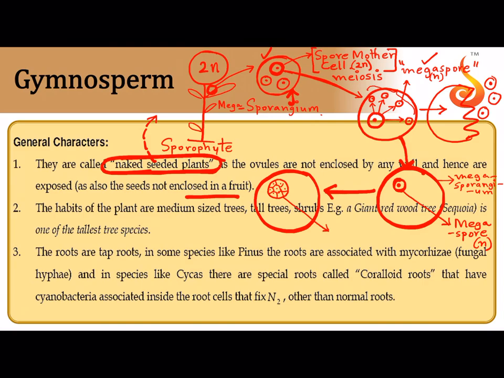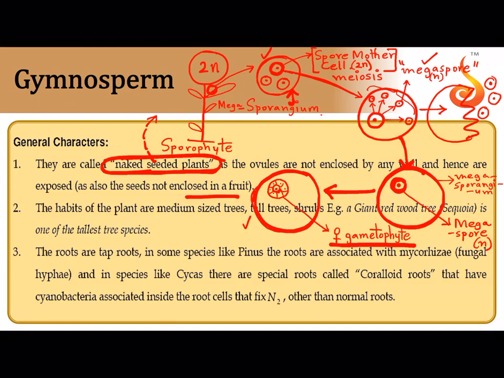It develops into a structure that is called a female gametophyte. See, it is still sitting safely inside. What is this? This is the megasporangium. It didn't come out. It said, I want to stay inside, and it develops into a female gametophyte. Why is this called a female gametophyte? Because it has a female sex organ inside.